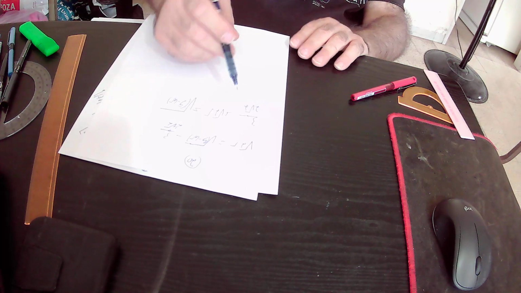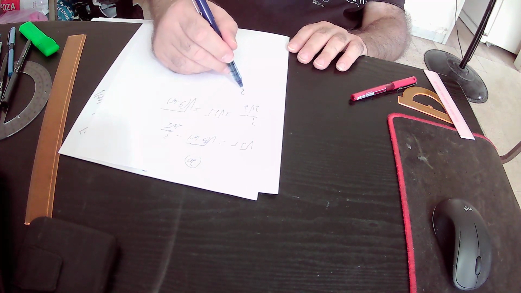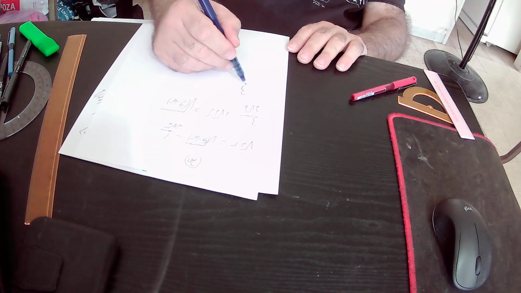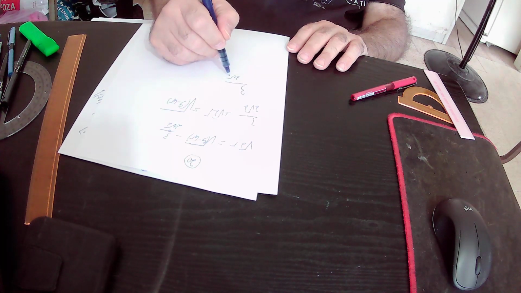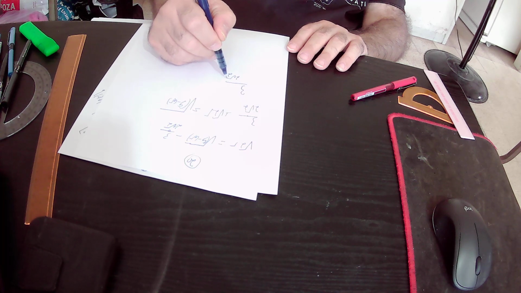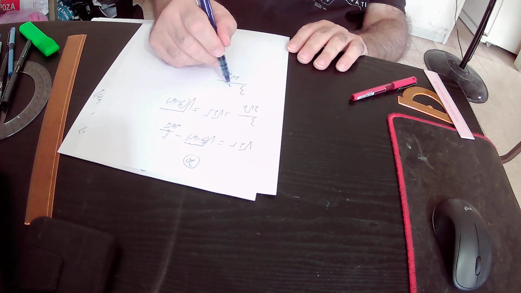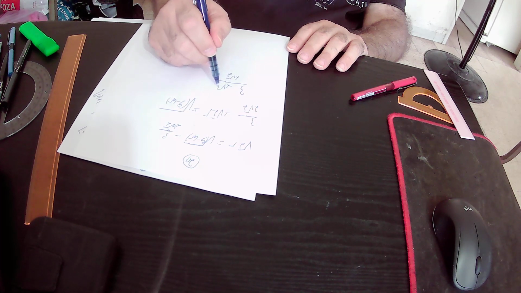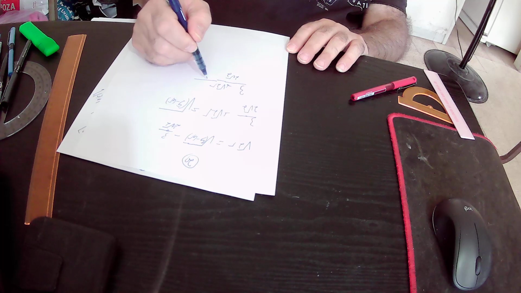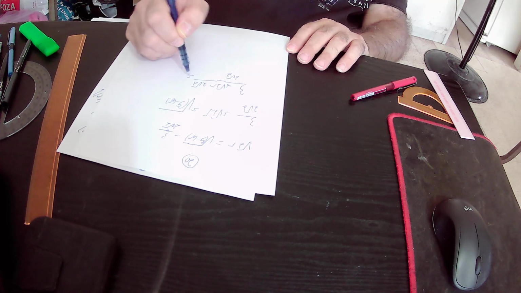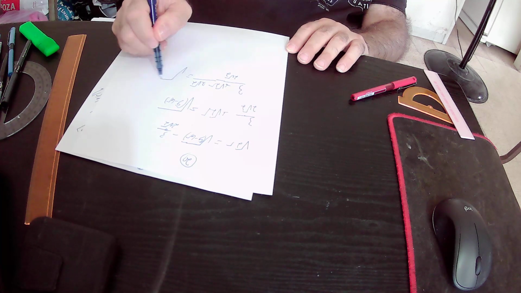We will get that 3 over 2 times root 2, plus root 2 times R times 2 times root 2, equals the root of 9 minus 6R.